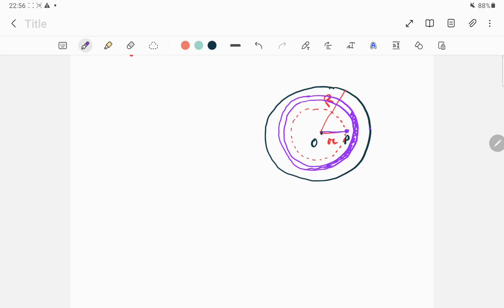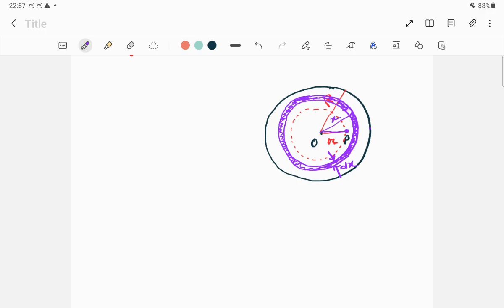This is a spherical shell, and I have considered it in the remaining part of the sphere. This shell is of radius x, and of thickness dx. All of them have the same center. That is why we are always saying that it is concentric.